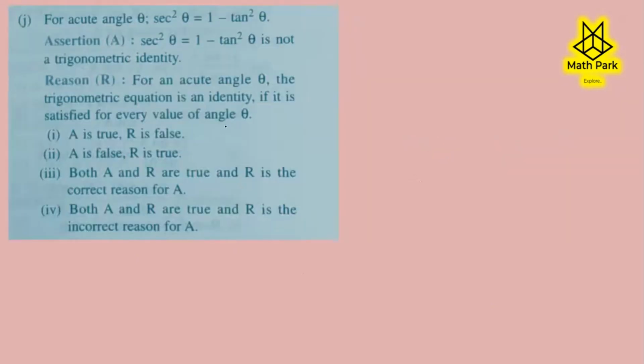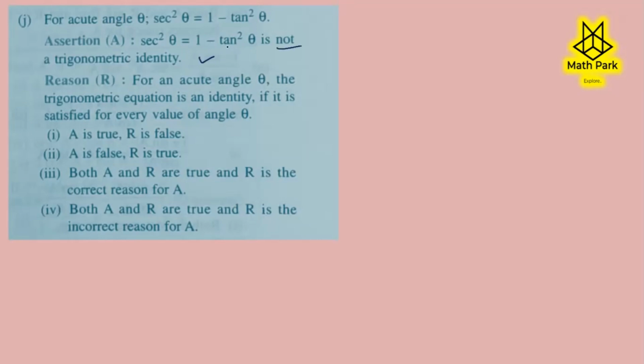The next, for acute angle theta, sec square theta is equal to 1 minus tan square theta. Assertion A says sec square theta is equal to 1 minus tan square theta is not a trigonometric identity. Yes, it is not a trigonometric identity because 1 plus tan square theta is equal to sec square theta.